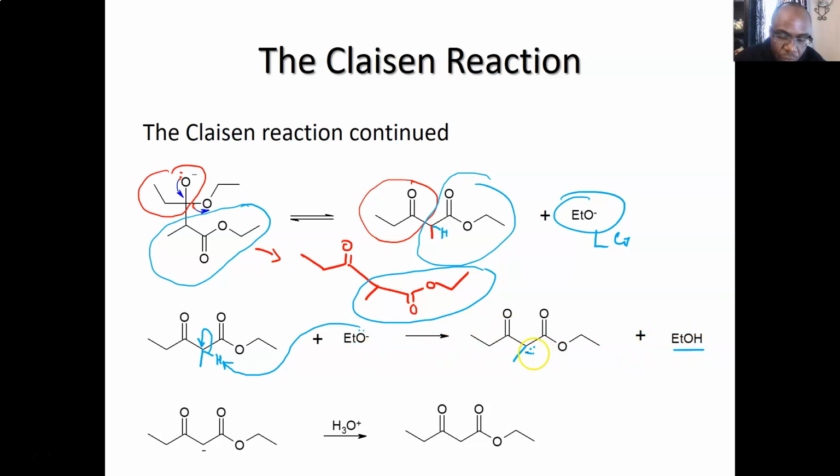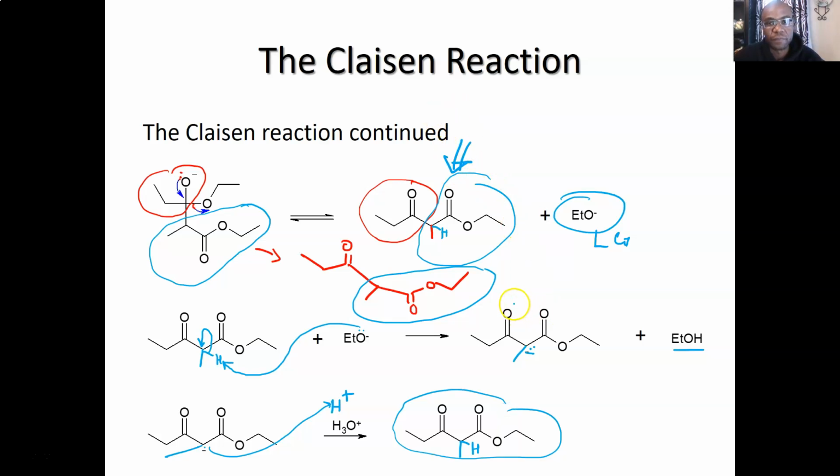But because you don't want the negative charge, one can finish the reaction by adding an acid, where this lone pair will just accept the hydrogen, and then you're left with a neutral molecule, which is still this molecule. I'm just showing you these side reactions that keep going until you stop the reaction by adding an acid.